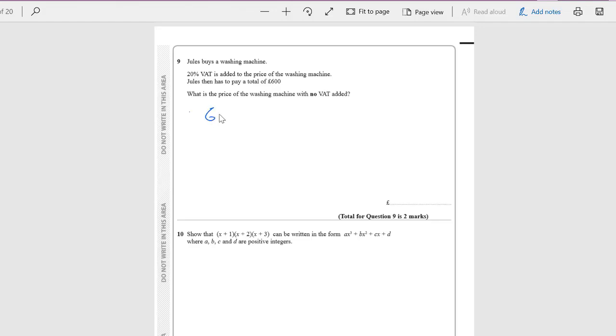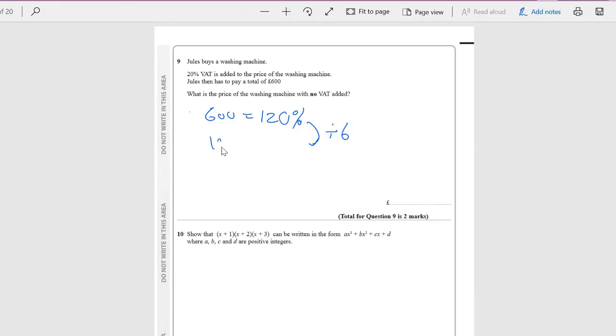So if we say that the price of the washing machine plus the VAT is 600, and the VAT is 20%, and of course the price of the washing machine is going to be 100%. So this is 120%. So we divide by 6, let's say.